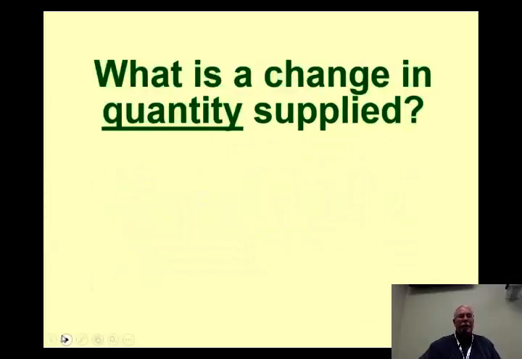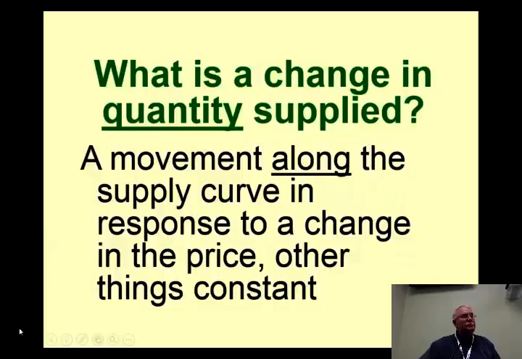What has to happen in order for there to be a change in supply? Just like with demand curves, something has to change other than price, something we call a non-price determinant. Something that determines supply, but it's not price.